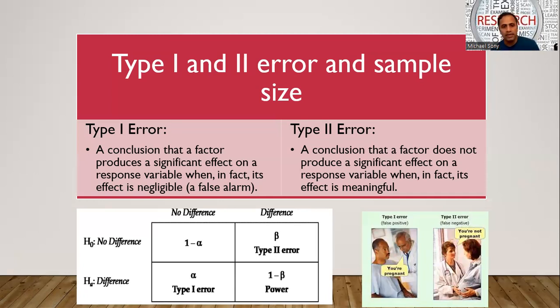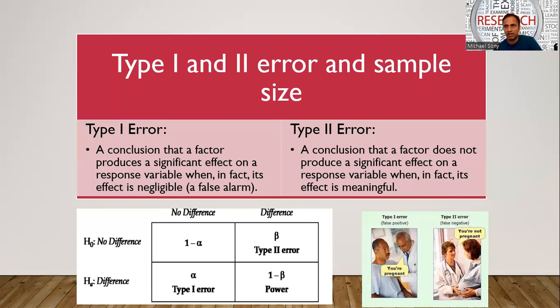So usually when you are designing a sample size, power is also to be considered in addition to the level of confidence or level of significance, which we have used in estimating the sample size. Usually, estimating sample size, we use alpha, the level of significance. However, when you are testing differences between groups or other statistical tests like regression and so on, the power has also to be considered.